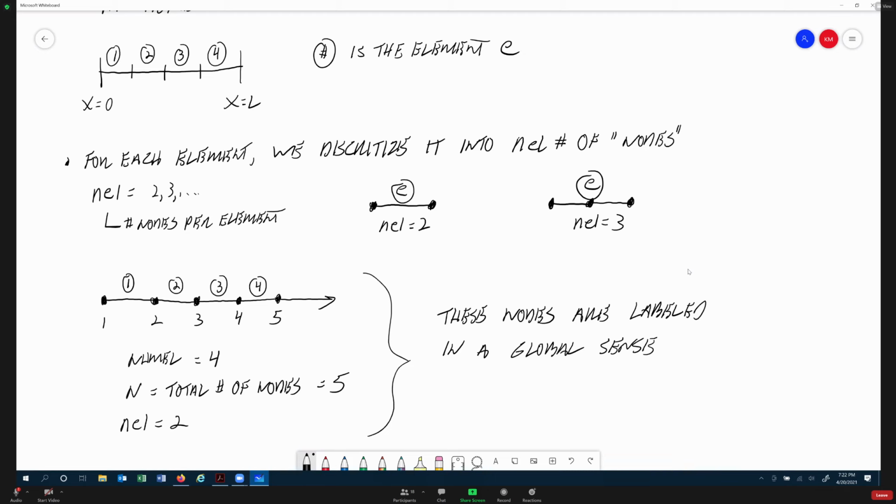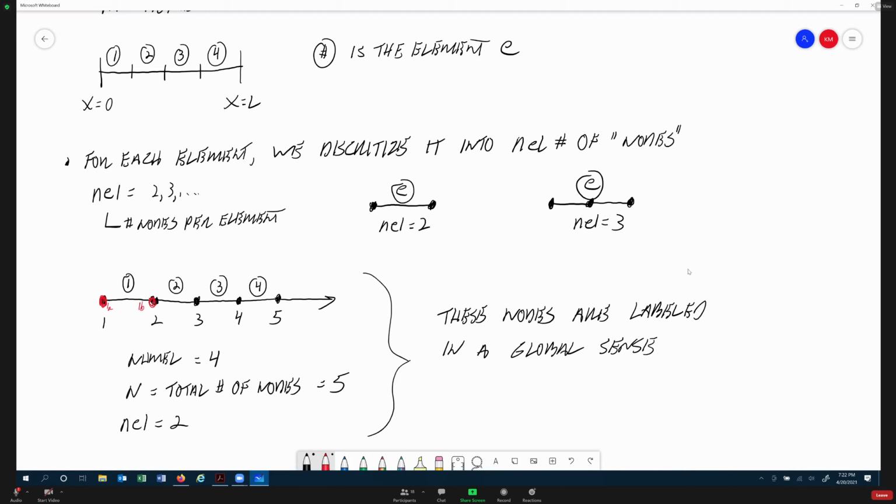Each one of these has 2 nodes, but can you visualize that there's like a local coordinate system for this one element? Maybe we can call this 1A and 1B.